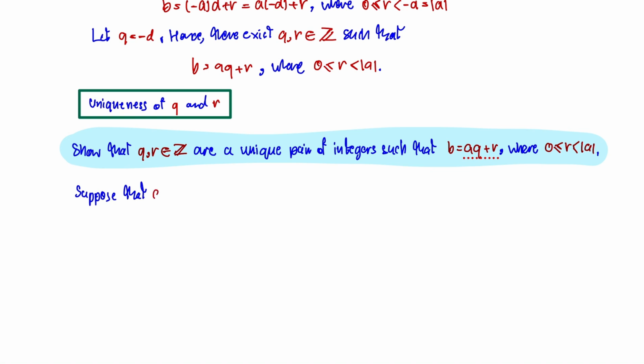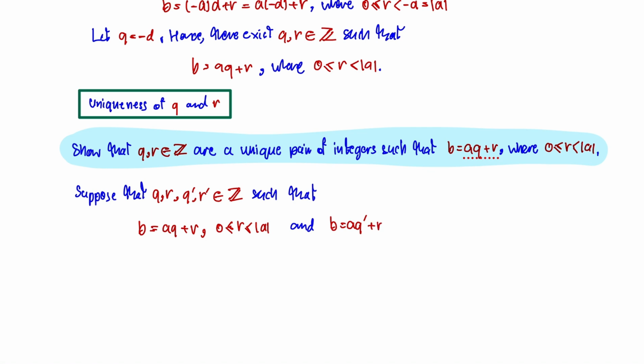So we might have a first pair of integers Q, R and a second pair Q prime, R prime, such that B equals AQ plus R, where R is greater than or equal to 0 and less than the absolute value of A, and B equals AQ prime plus R prime, where R prime is greater than or equal to 0 and less than the absolute value of A.